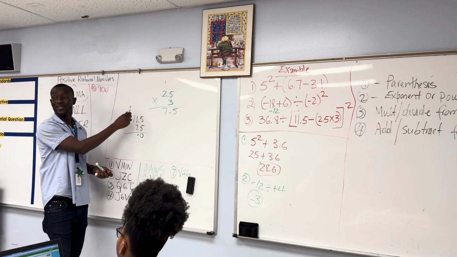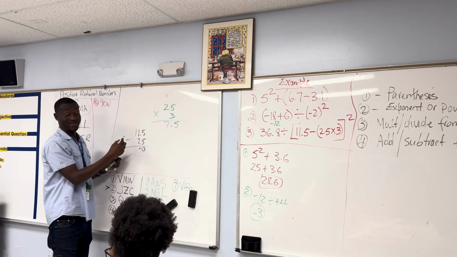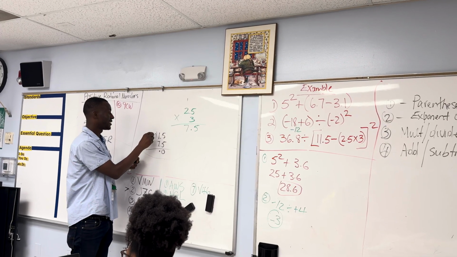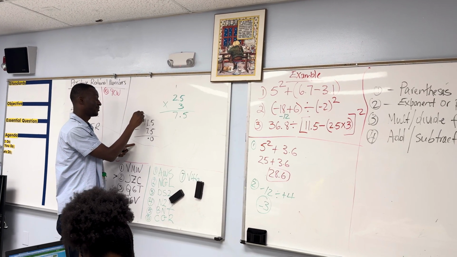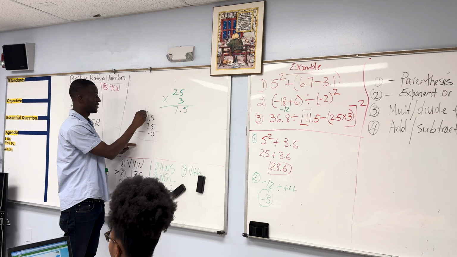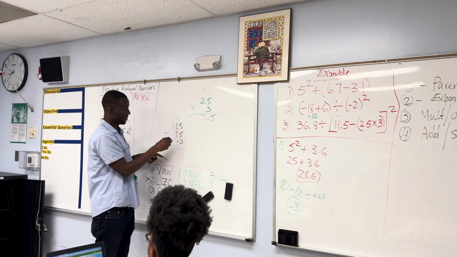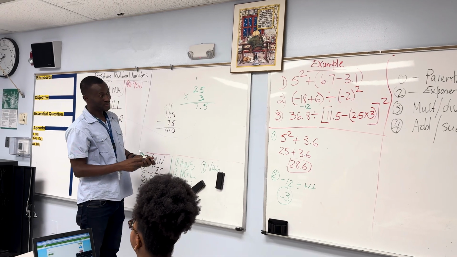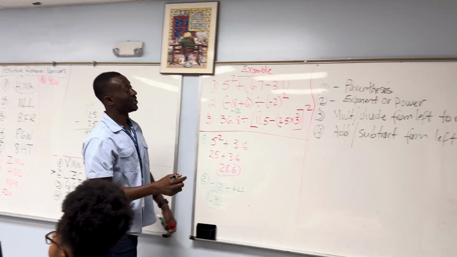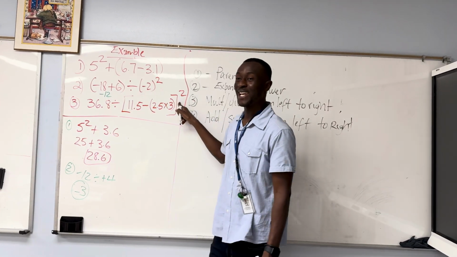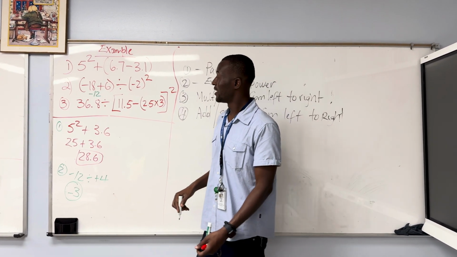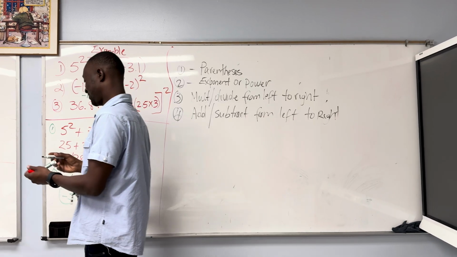Now 7 take away 1. 1 is less than 7, so we're going to borrow from this, which gives you 0, and this is 11. So 11 take away 7 is 4. Now we have 4, but it's 4 to the what? To the second power, right? What is 4 to the second power?